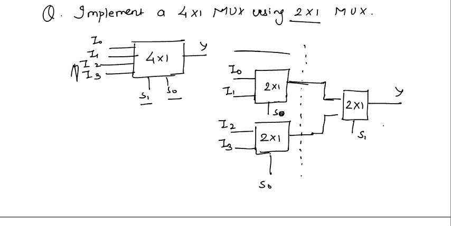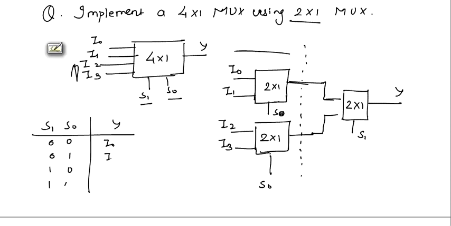Now we will verify the truth table of the 4:1 multiplexer. S1, S0: 0 0, 0 1, 1 0, 1 1. These are the S values, and Y will be I0, I1, I2 and I3. Now we know that if S1, S0 are 1, 0, then the output should be equal to I2. So put S0 equal to 0.